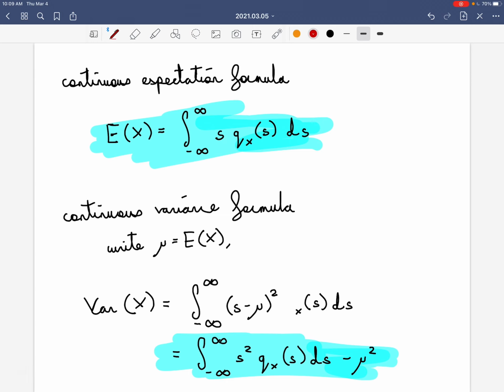Okay, so expectation and variance of continuous random variables involves integration over the entire real number line rather than summation over the potential values of the function as with a discrete random variable.